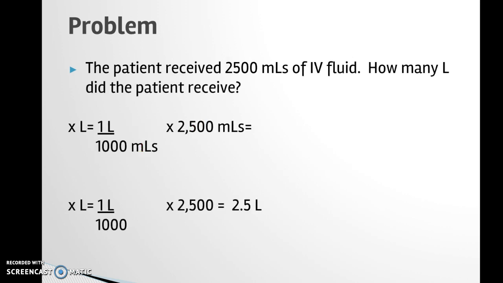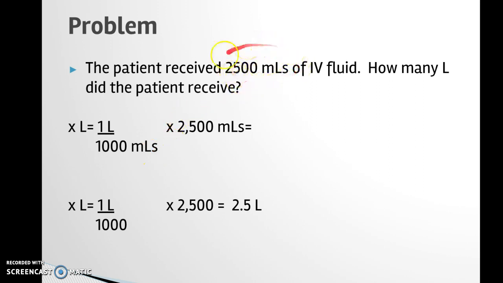Okay, and so for our last problem, the patient receives 2,500 milliliters of IV fluids. How many liters did the patient receive? So we have X liters, so we want to figure out how many liters. We set up our first fraction, and we want to have liters in the numerator. So we know 1 liter is 1,000 milliliters.